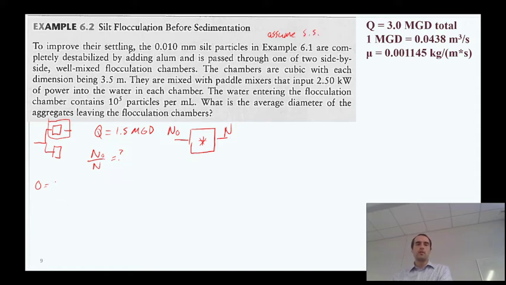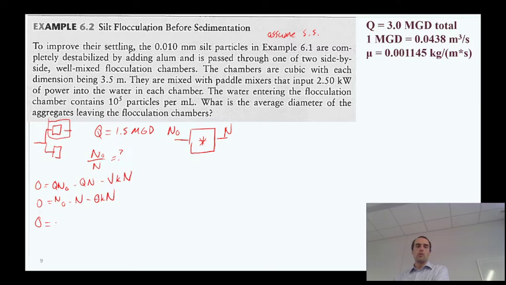Then we can say Q N naught minus Q N minus our reaction, because it's a decay term, V K N, is equal to 0. So that's our steady state equation. We'll go ahead and divide everything by Q, and say 0 is equal to N naught minus N minus theta K N. And here, I'm going to divide everything by N, because I think that'll simplify in a way that's getting us closer to our desired result.